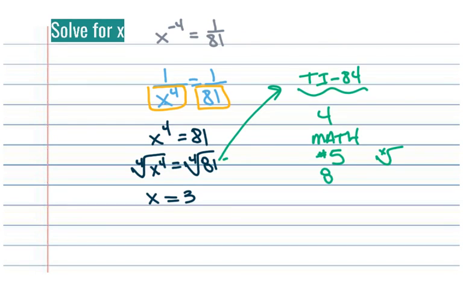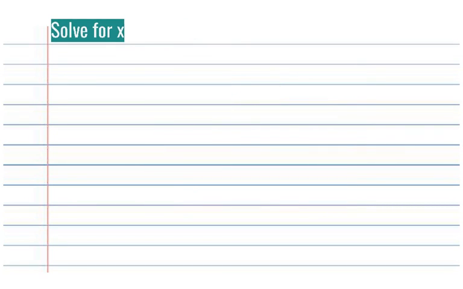And then we're going to type in 81, hit enter, and then we get our answer to be 3. There is one other way we can actually work on these problems. If we go back to thinking of the square root of a number, this is technically taking the 2nd root, right?